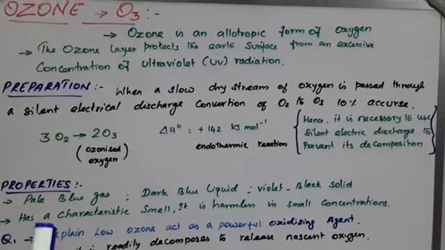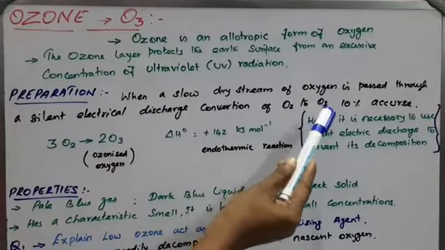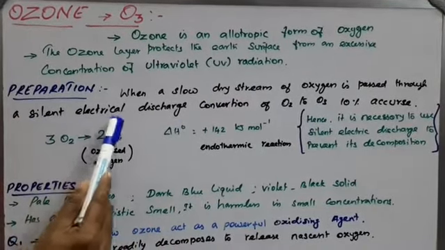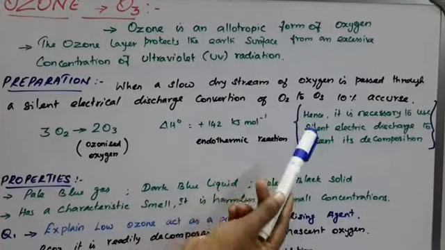Right. And the preparation: when a slow dry stream of oxygen is passed through a silent electrical discharge, the conversion of O2 to O3 is only 10%.